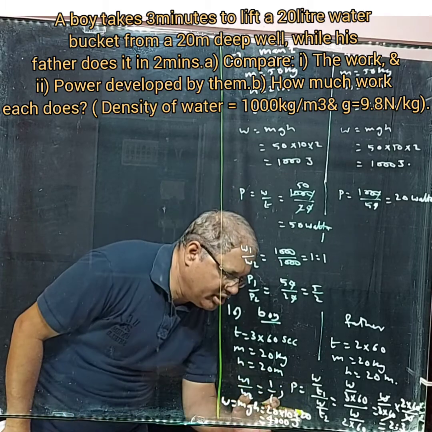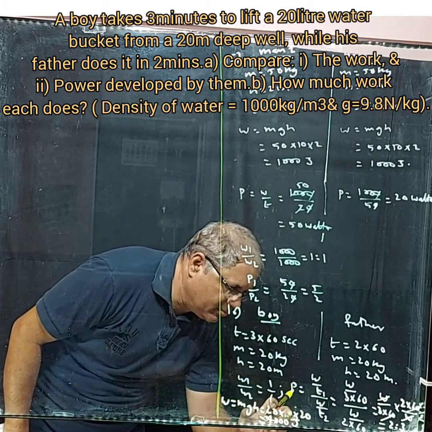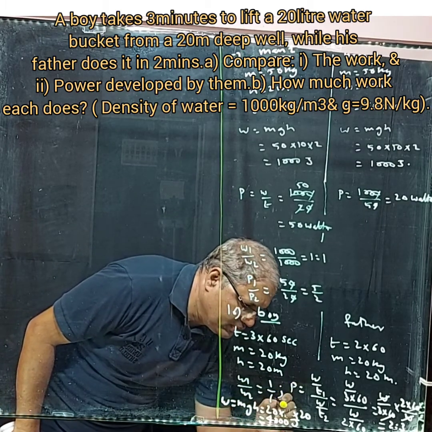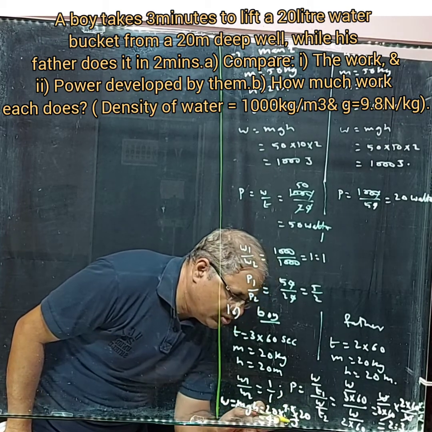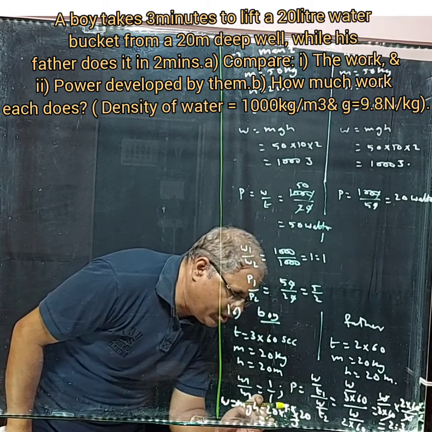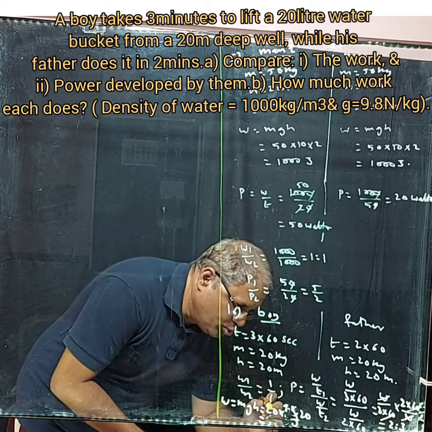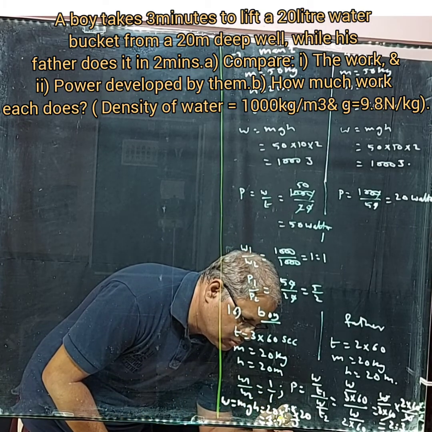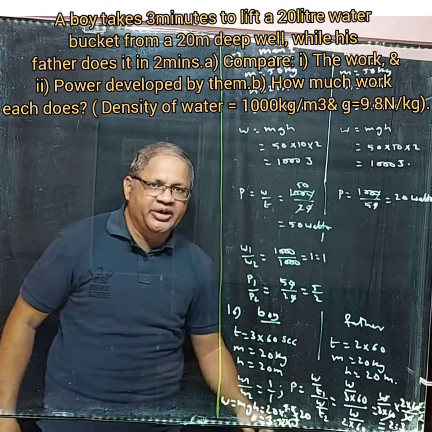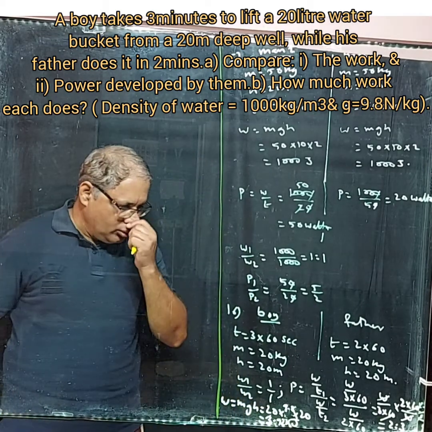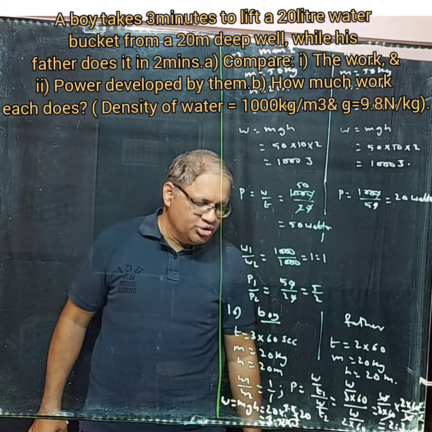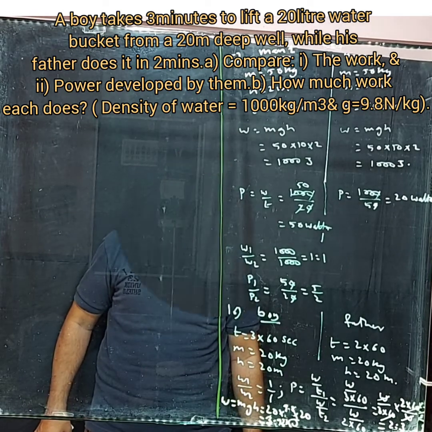Okay, gravity you have to take 9.8, just remember that. So then the answer comes 20 into 9.8 into 20, that is 3.92 kilojoules. Or you can also write 3920 joules. That's also correct.